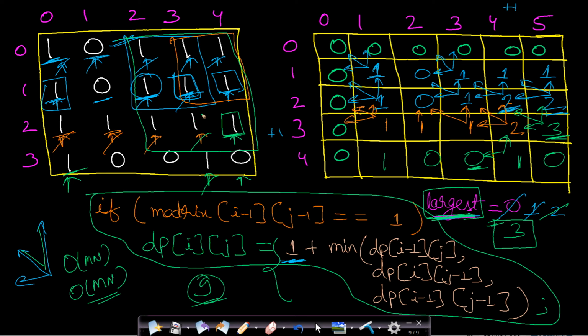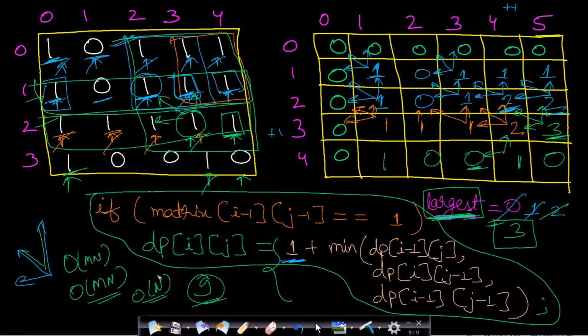And when you were at a current cell i, j, then you needed to see only 3 values: top, this top left, and this left values. So if you can maintain this previous row and this current row, then by using these 2 rows, you will be able to solve this entire solution in just order of n extra space, where n is the number of columns. So I hope you understood this solution.